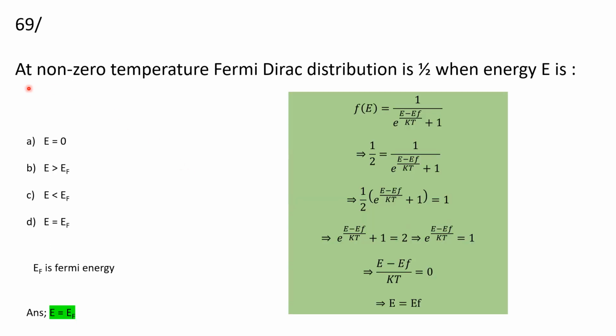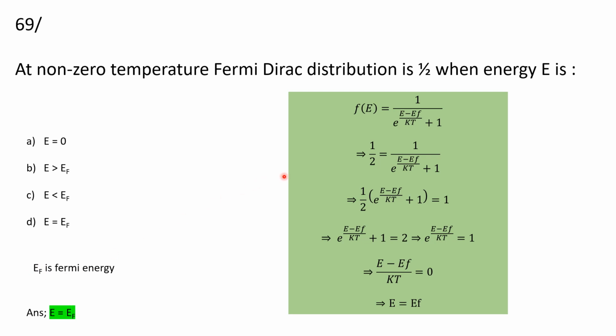Then, at non-zero temperature, the Fermi-Dirac distribution is half when the energy E is, and how is the energy E related to the Fermi energy EF? The options are E equal to 0, E greater than EF, E less than EF, and E equal to EF, where EF is the Fermi energy.